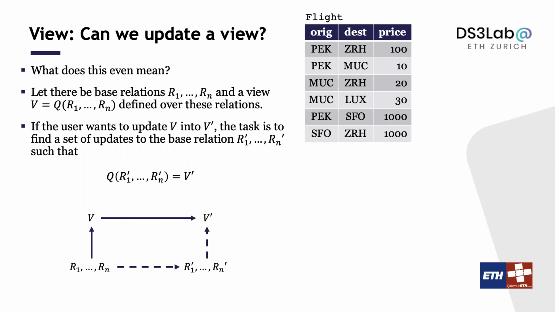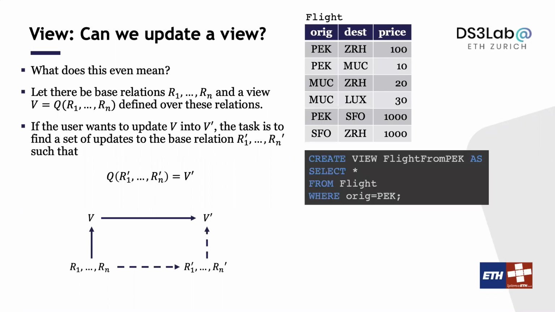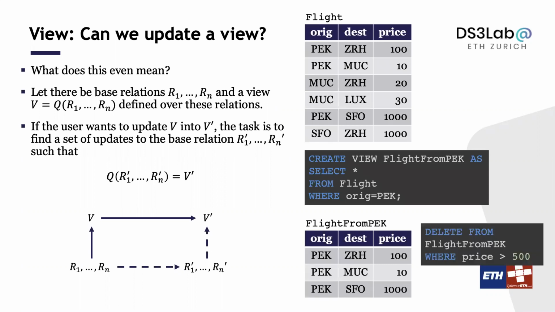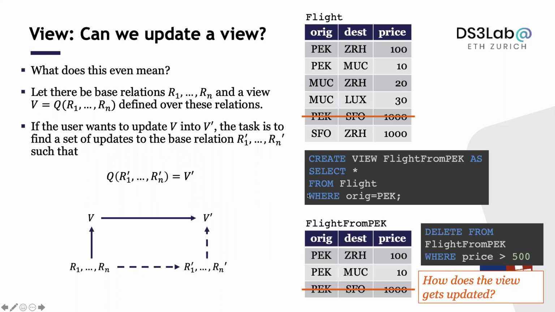So for example, I have the flight table. I still have our view flight from PEK, right? And then assuming we want to delete from that, for example, we want to delete all the flights with price larger than 500, what's going to happen is I want to update my base relation such that running this query is going to give you a view with only two tuples.